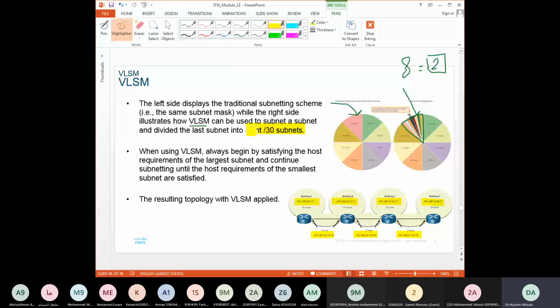When using VLSM, always start from the network having the largest number of hosts and move forward until you reach the smallest one, from the largest to the smallest. So we start with 28, 25, 20, 15. Then we handle the 2 hosts per subnet.